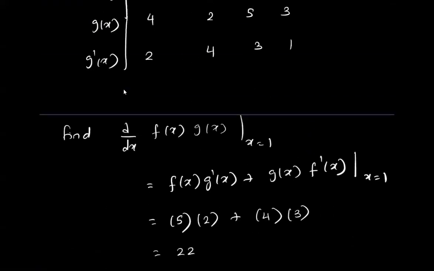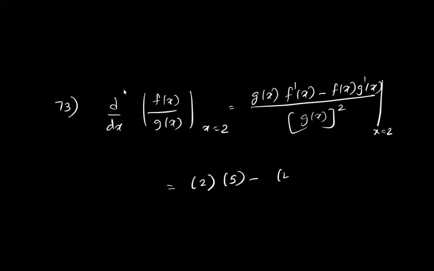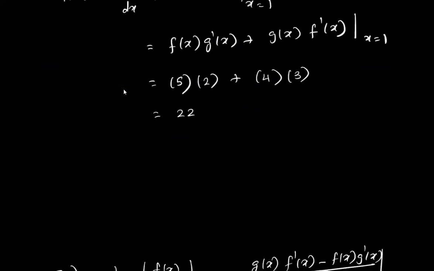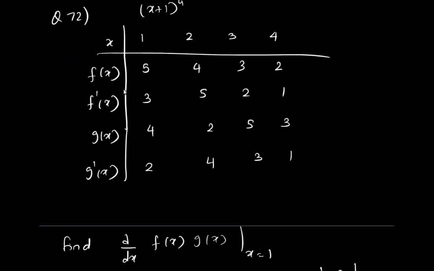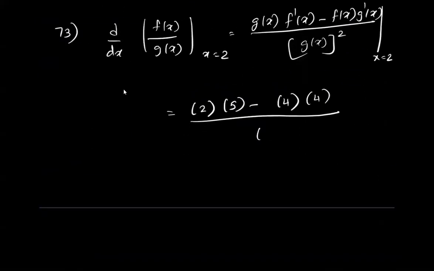Minus f of 2 is 4. g prime of 2 is 4, divided by g of x the whole squared. So g of 2 is 2, 2 squared. Simplify this. 10 minus 16 is negative 6 over 4, which is negative 3 halves.